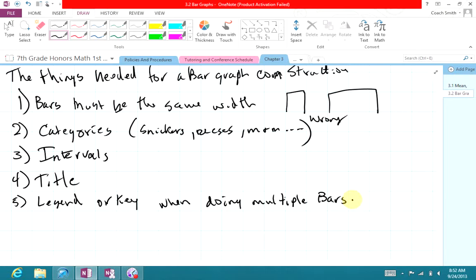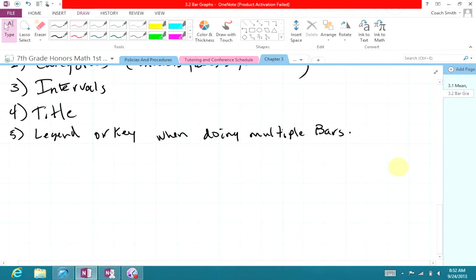Okay, so if you just have one bar on each category, you don't have to have a legend or key. It's only when you're comparing more than one bar on your bar graph. Okay? And obviously we know what the legend and key is. I've already shown you that. Okay? So, let's look at a line graph.